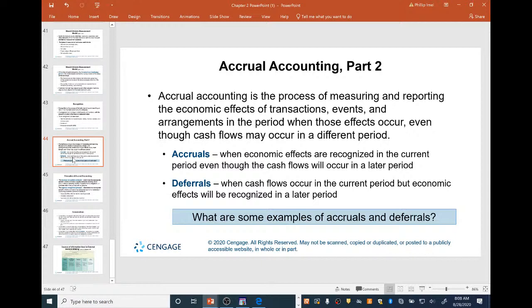With the accruals, we know we have stuff coming in, like we've already performed our service, so someone owes us money, but we've accrued for that money coming in as a receivable. And with the deferrals, say someone has paid us in advance and we defer that revenue as a liability. So that's what we're talking about with accruals and deferrals.